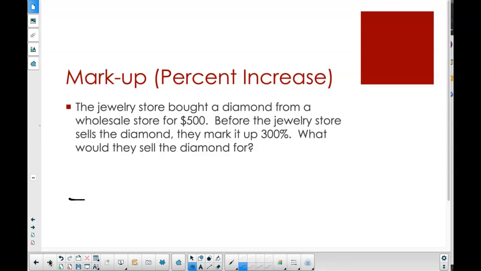Okay, we're going to set up the proportion. Some of you guys are going to decide you're never going to buy a ring or anything because they're expensive. 300% is our percent. 300 over 100. Where should the $500 go? Top or bottom?